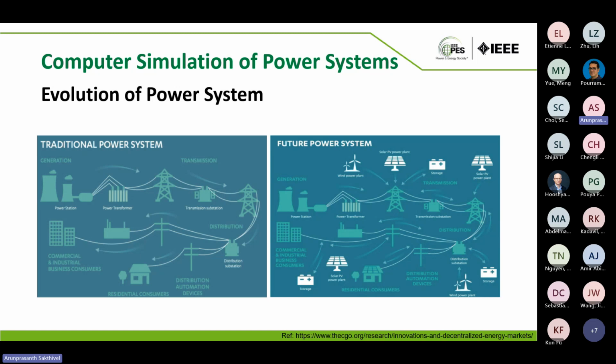But looking at the modern power system that we have today, and also the future power systems, generation is added everywhere, not only in generating stations, but also at transmission level and distribution level. So the power flow becomes bidirectional, and modeling and analysis becomes more and more complex.